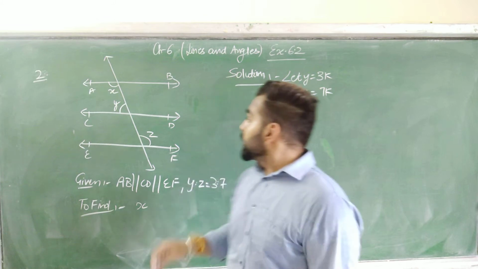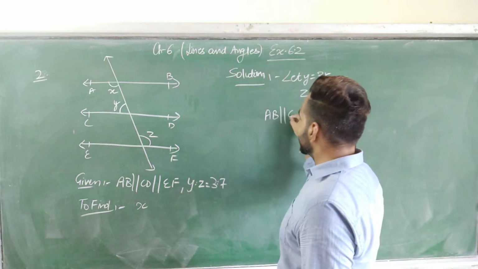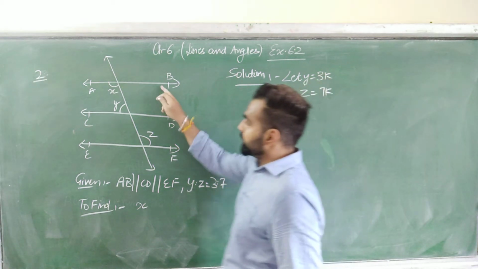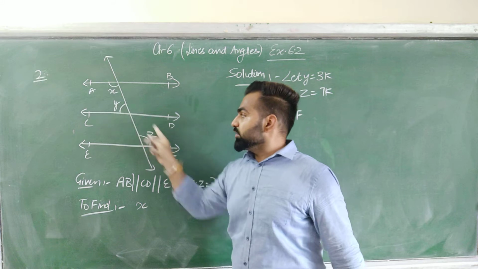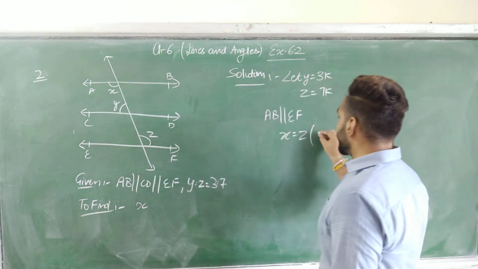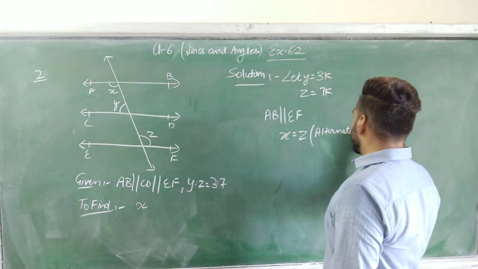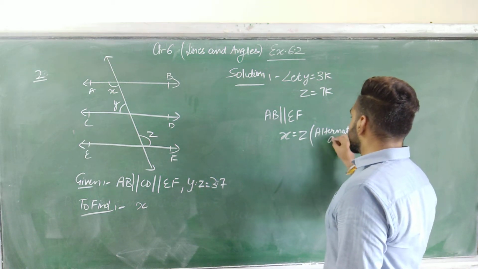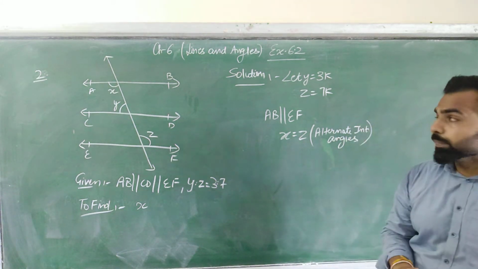Clear? Now here in the figure, AB is parallel to EF and this is the transversal. So x will be equal to z. Why? Because these form a pair of alternate interior angles. Clear?